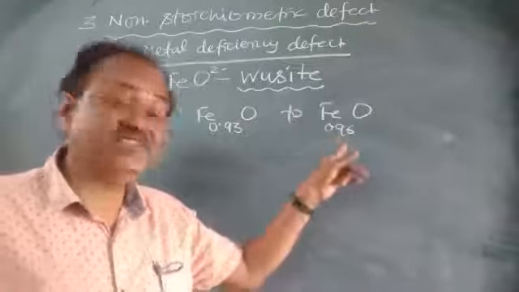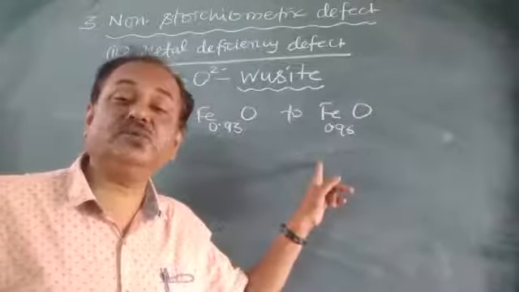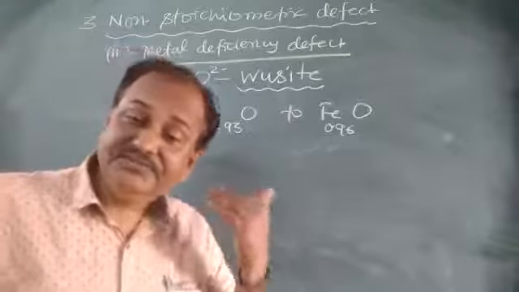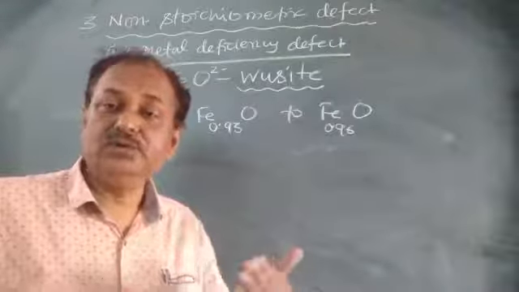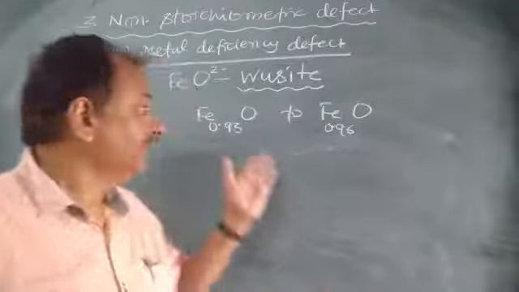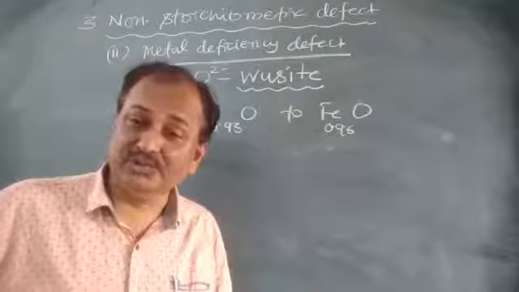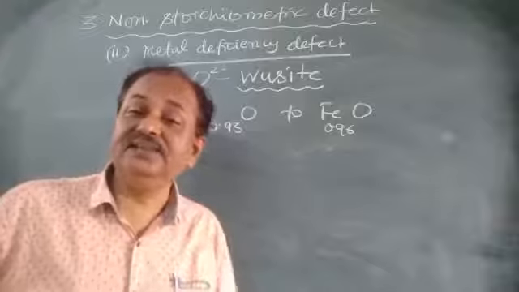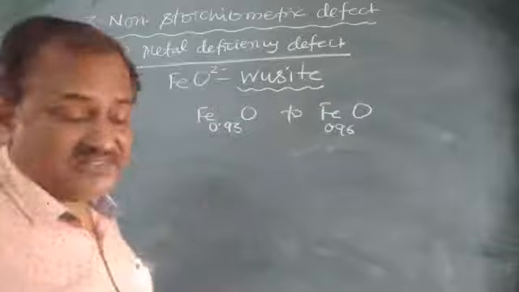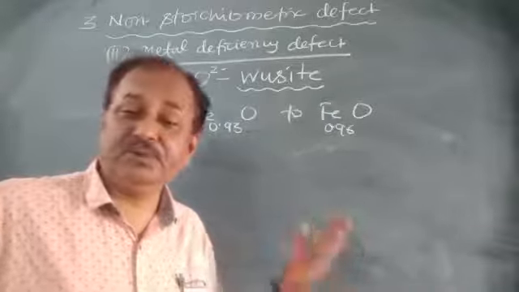So there is a deficiency, and it will be compensated by ferric ions in sufficient number to make the solid electrically neutral, and density will be decreased. This is a very important point, and the other points are that ferrites are also there, in which aluminium is there, silicon is there. So children, there is a change in the electrical property also, and some other properties also change.